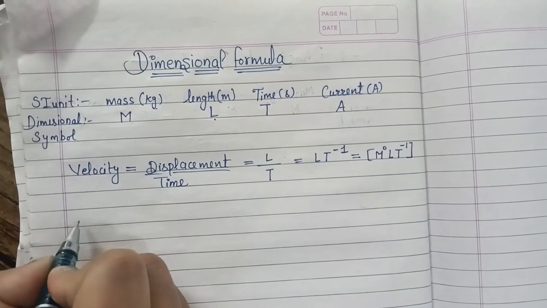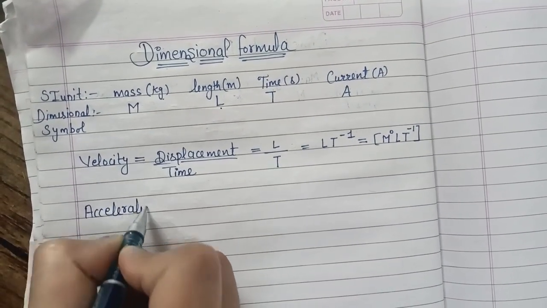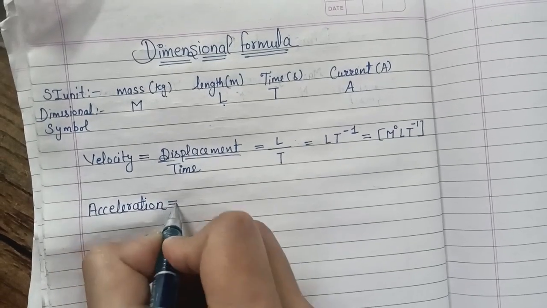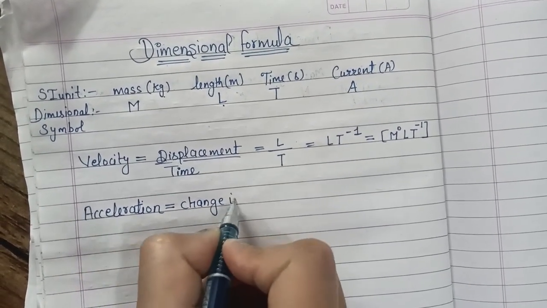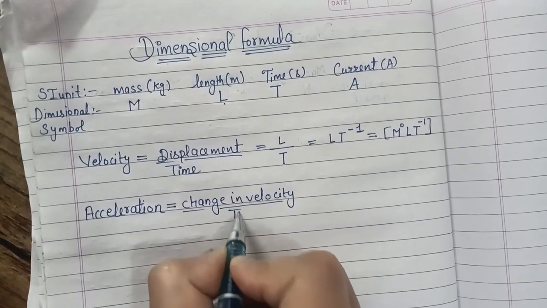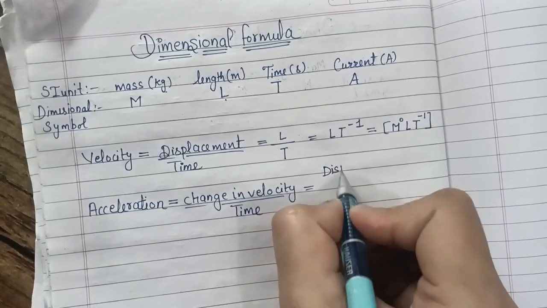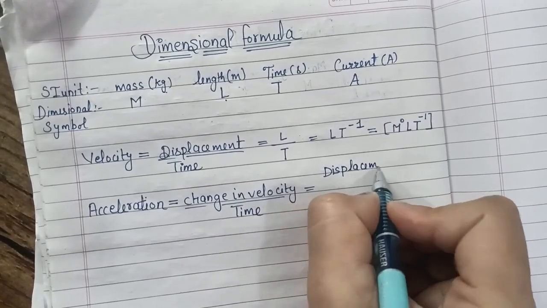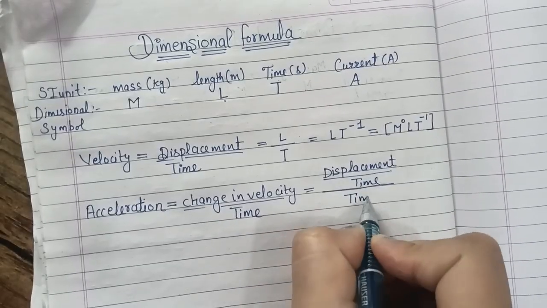The second we are going to calculate is acceleration. We already know that acceleration is equal to change in velocity per time. So change in velocity is displacement upon time, divided by time.